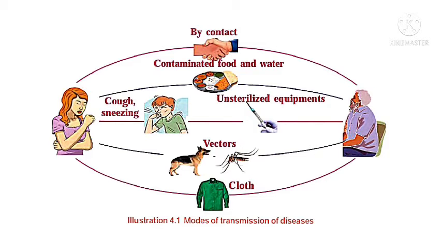Vectors means the animals which carry the disease and spread it to human beings. For example, mosquito. We know that it can carry some diseases and transmit them to human beings. Not only mosquito, many other animals are spreading diseases. Then sharing clothes is another reason for transmission of diseases.